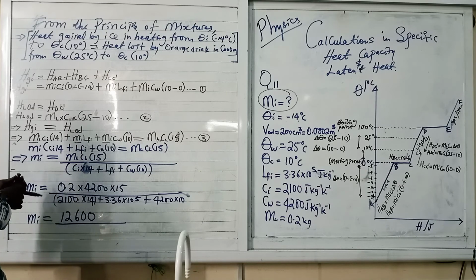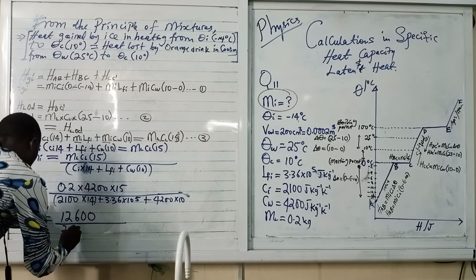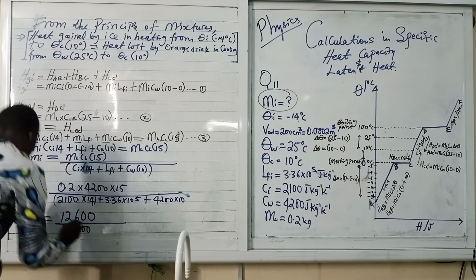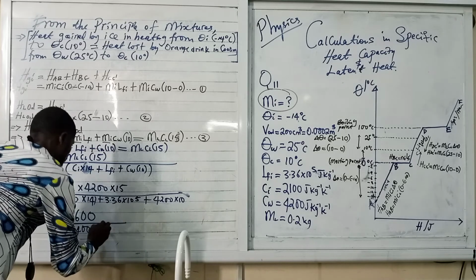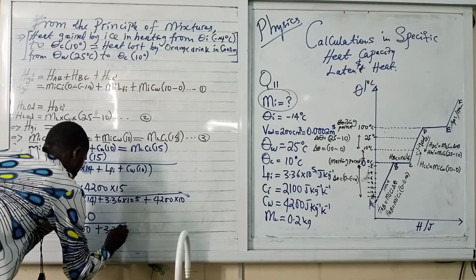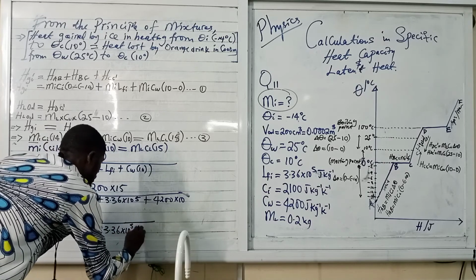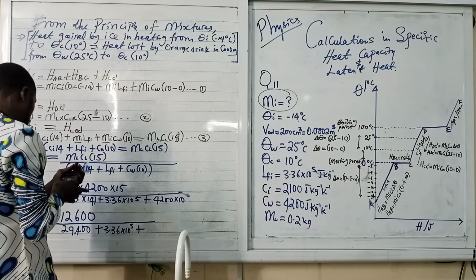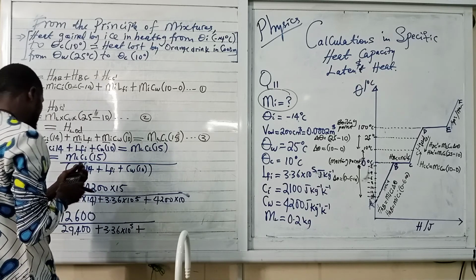Let's say 2100 times 14. If you do that, you have 29,400, plus this, plus 3.36 exponential 5, plus 4,200 times 10.